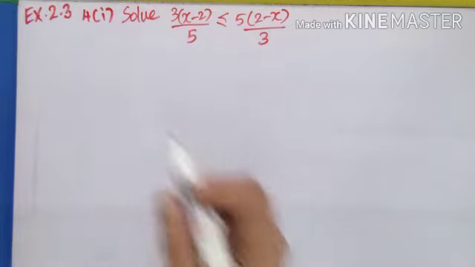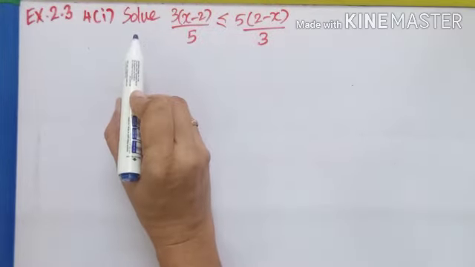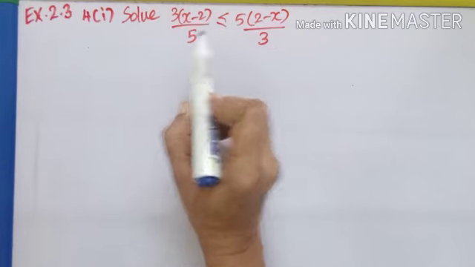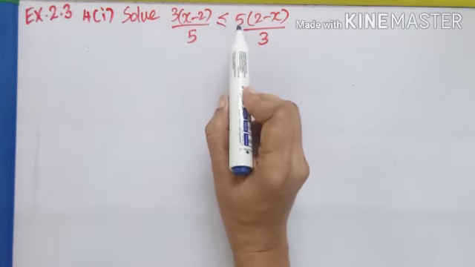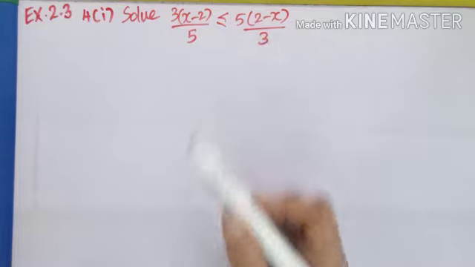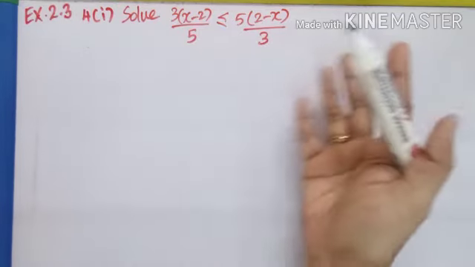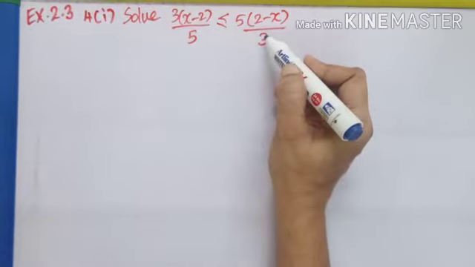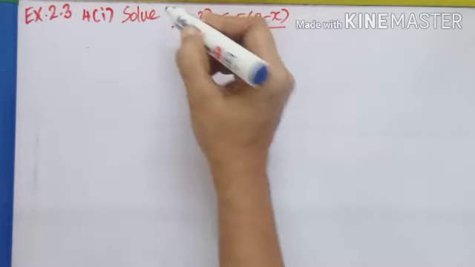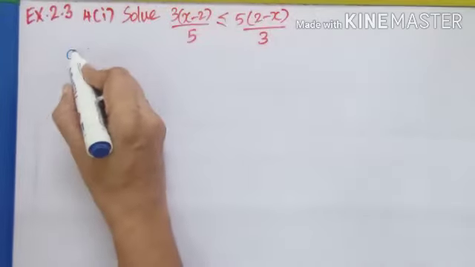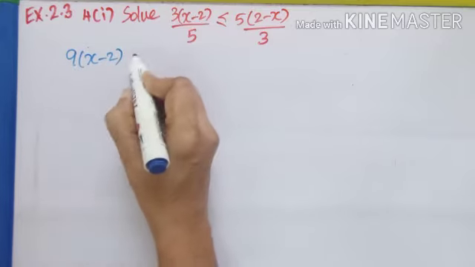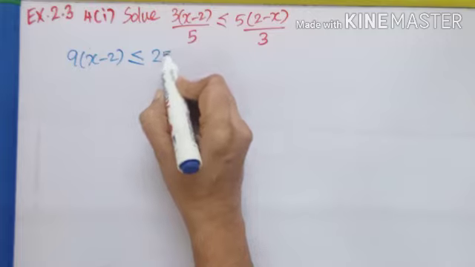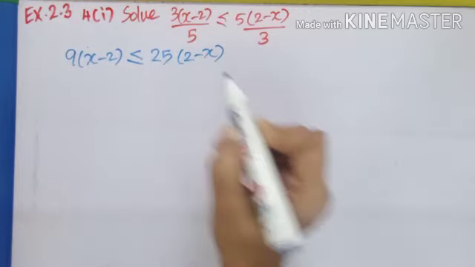Question number 4, subsection 1. Solve 3 into x minus 2 by 5 less than or equal to 5 into 2 minus x by 3. First of all, we'll try to bring everything to the left side. Now I can cross multiply. So 3 into 3 becomes 9 into x minus 2, less than or equal to 5 into 5, 25 into 2 minus x.